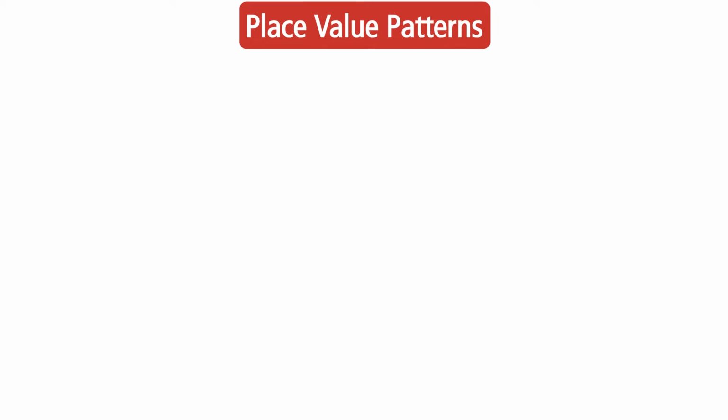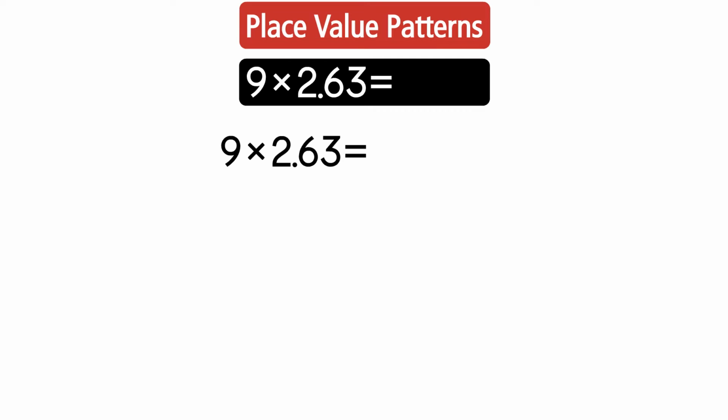Another way of multiplying decimals and whole numbers is using place value patterns. Let's look at the example 9 times 2.63. We know how to multiply two whole numbers, right? Here, one factor is a decimal, but we already know that we can move a decimal point to the right by multiplying a decimal number by 10, 100, 1000, and so on.